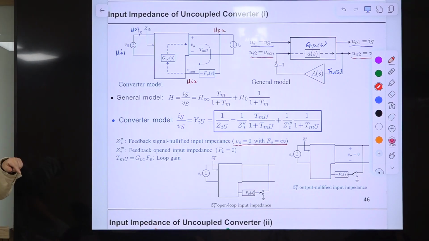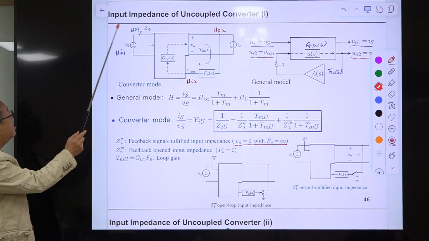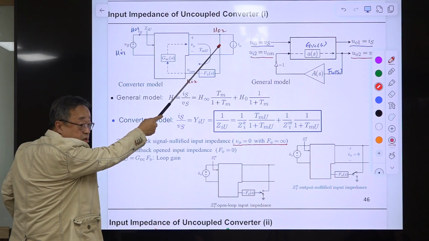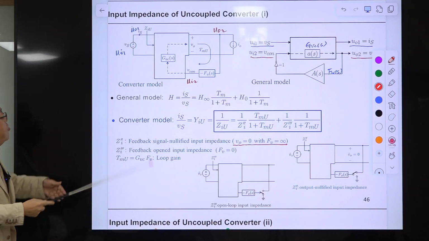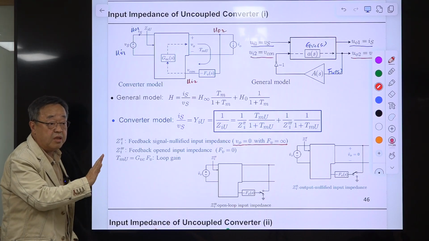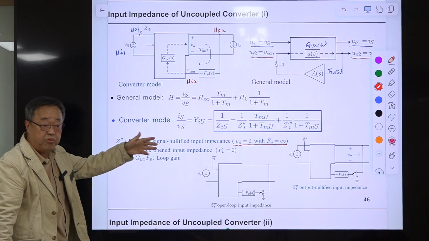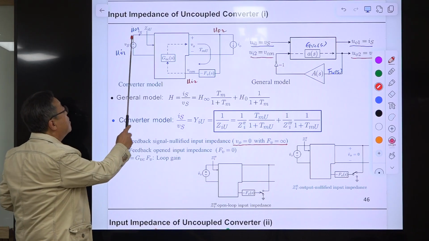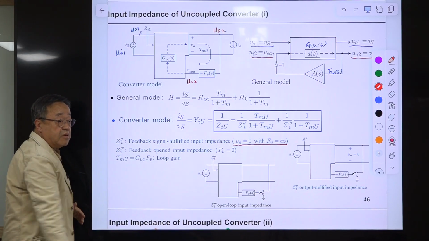There is one feedback loop. But the output of our interest is this one, not this one. So the output of the transfer function is here, but the feedback is taken from another point, which is the output of this converter, but our output is this one, not this one.